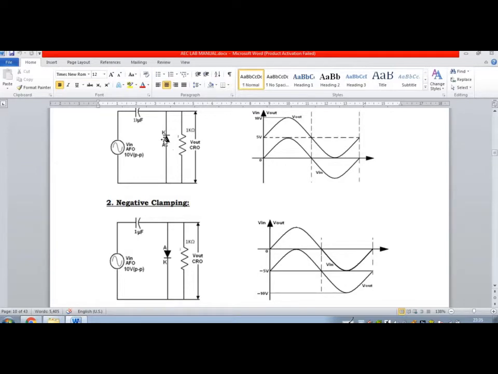Similarly, when the diode is changed with the polarity, that is forward biased, then we can get the negative clamping of the waveform.